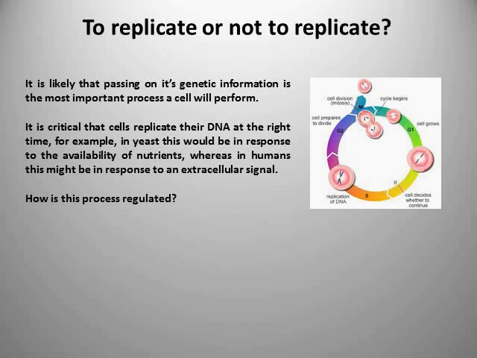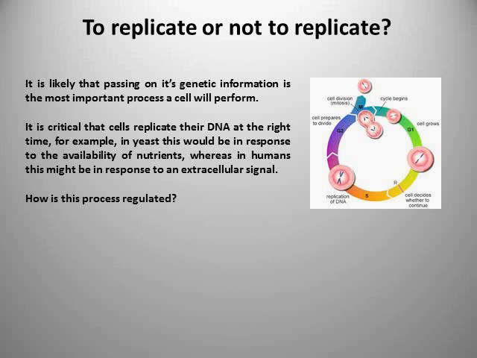Yeah? So the concept of the selfish gene obviously is something that you've probably encountered. This concept that organisms exist to pass on their genetic information to their offspring, and that's a driving force of evolution. Similarly, cells want to divide, want to produce daughter cells, but all these processes need to be tightly regulated.